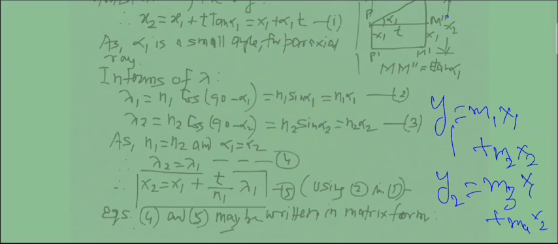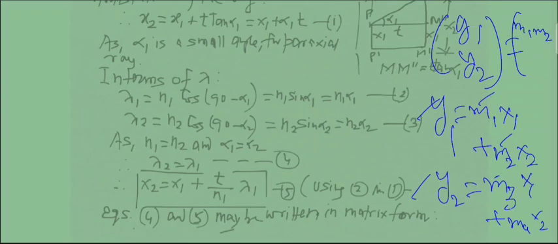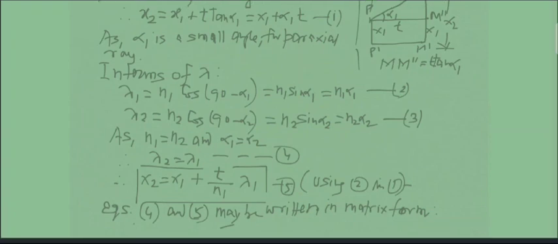We write y1 and y2 one above the other, equal to m1, m2 side by side, then m3 and m4 side by side, multiplied by x1 and x2, one above the other. This is the thing which you have to practice and understand.